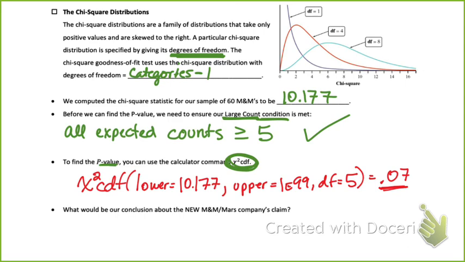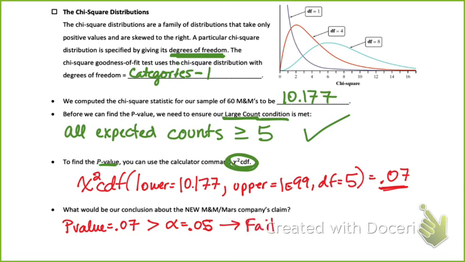All right, you guys, what would we conclude? Well, the p-value is 0.07. How does that relate to the alpha value that we usually use? That is greater than the alpha value of 0.05. And so if the p-value is not lower than alpha, what would we do?